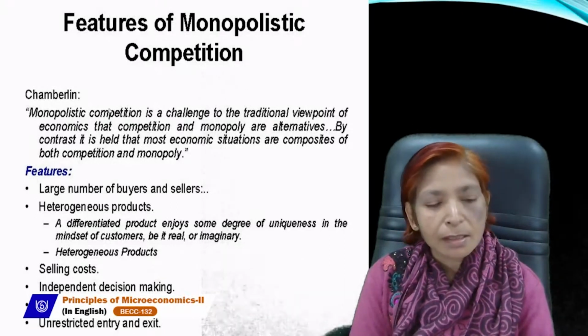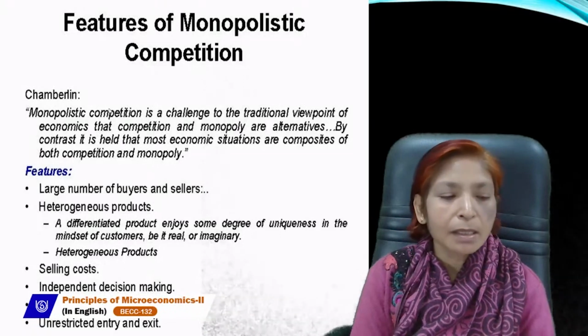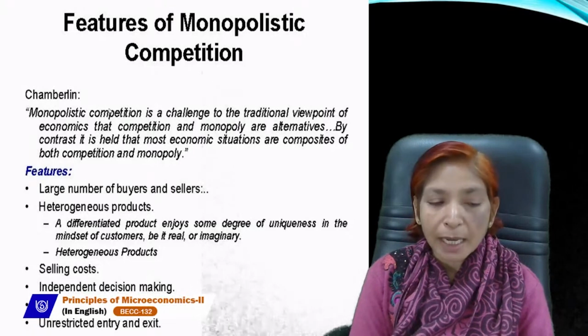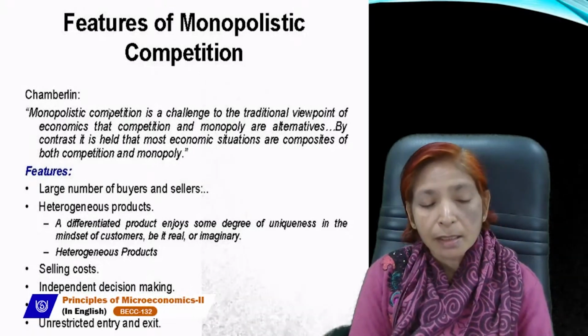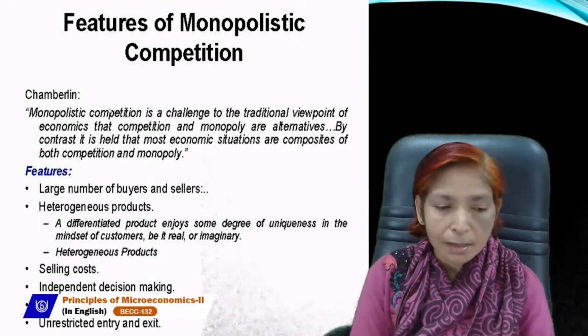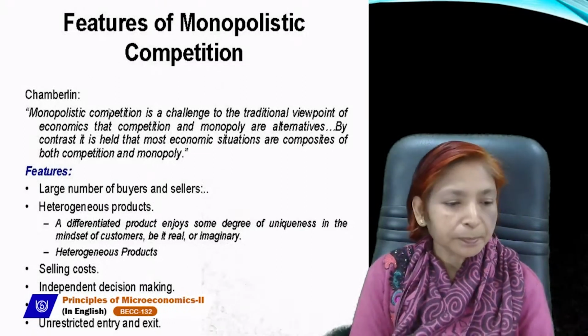That's why this is the feature of imperfect knowledge. It means buyers have no knowledge about the product price and quality, and sellers also have no knowledge about the buyers, what the buyer is willing to buy.